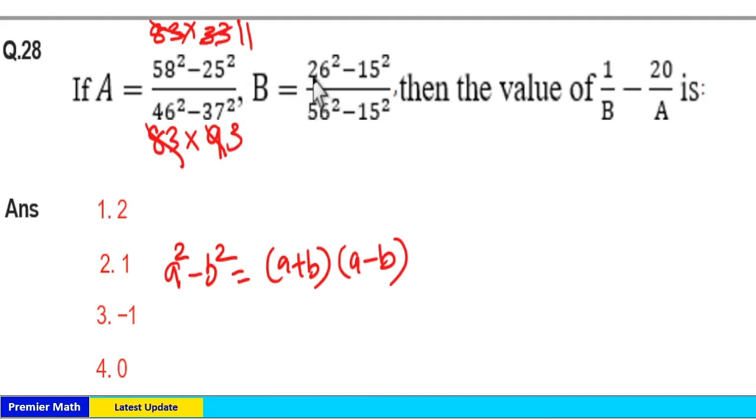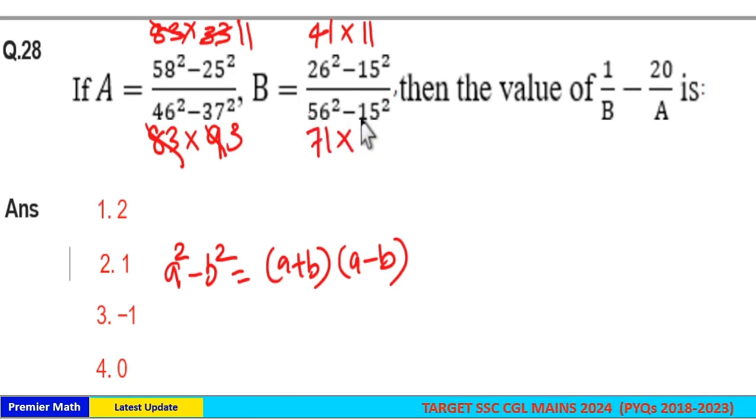Same way here, 20 plus 10 is 30, 6 plus 5 is 11, so 41. Again 20 minus 10 is 10, 6 minus 5 is 1, so 11. Here 50 plus 10 is 60, 6 plus 5 is 11, again it is 71.